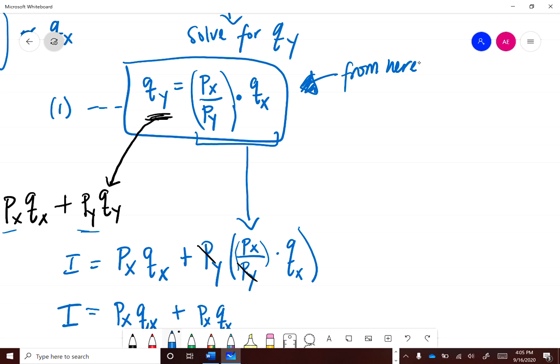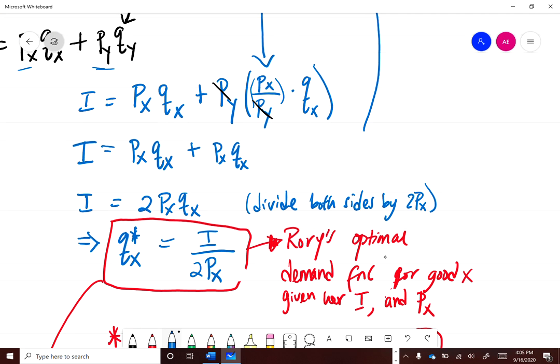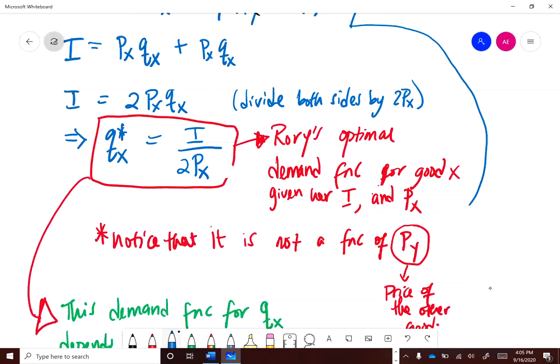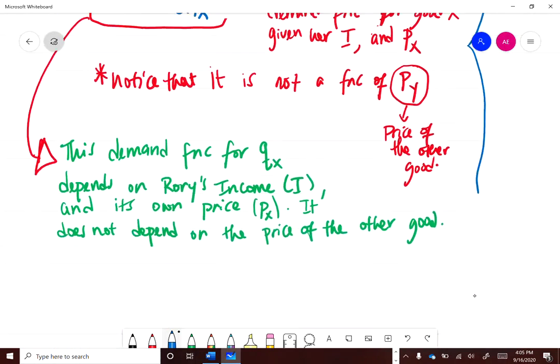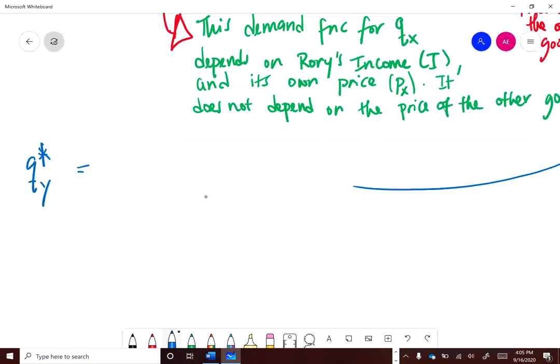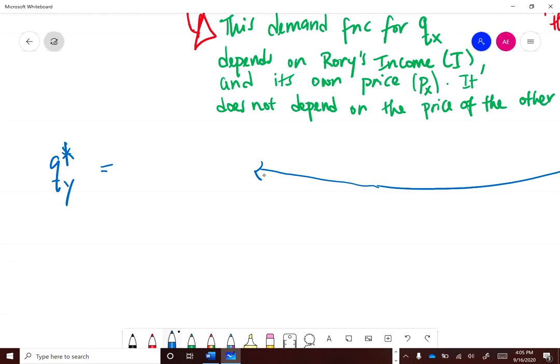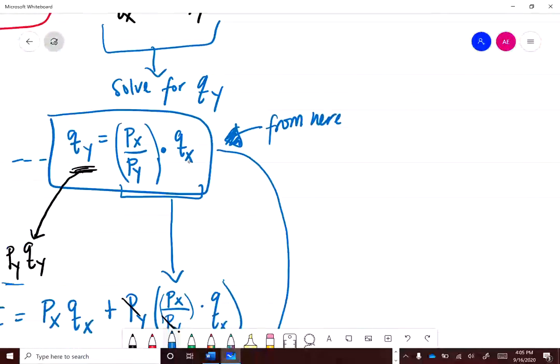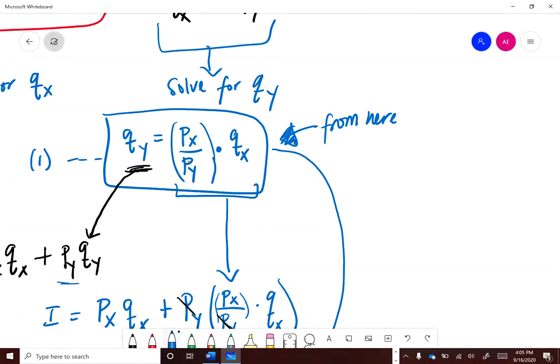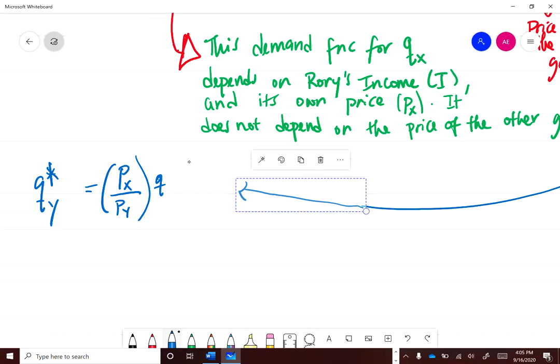Let's bring this all the way down to where we need it, which is here. So that is P of X over P of Y times Q of X. We already know what Q of X star is going to be.